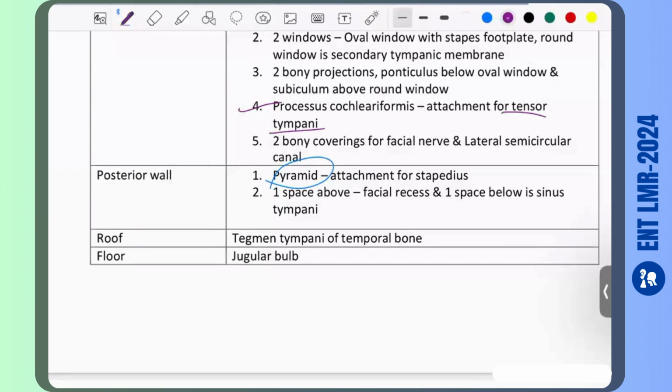So the anterior wall has the attachment for tensor tympani tendon. The posterior wall has the attachment for stapedius tendon. We have one space above the pyramid which is called facial recess, and one space below the pyramid called sinus tympani. Okay. Roof, you have tegmen tympani of temporal bone. Floor, you will have jugular bulb. Right.